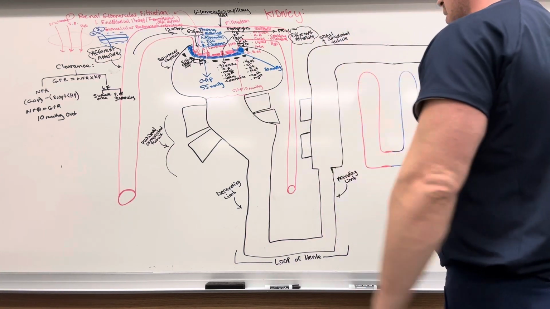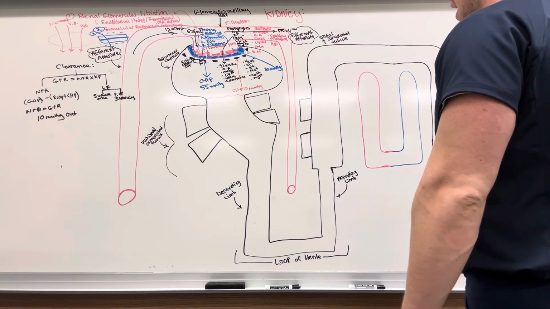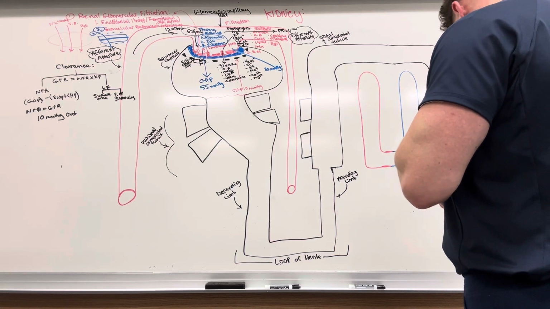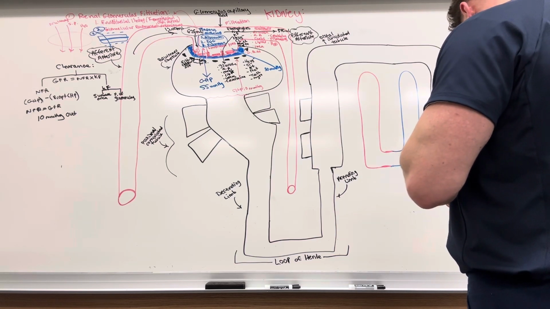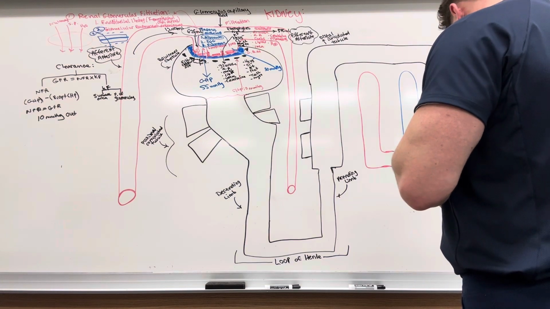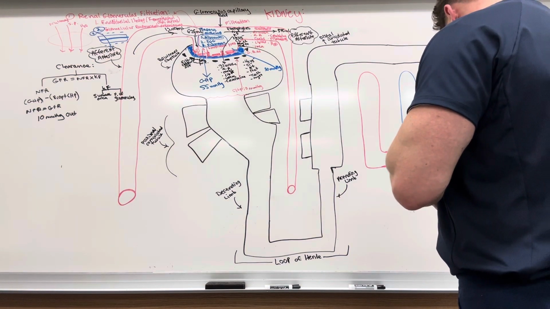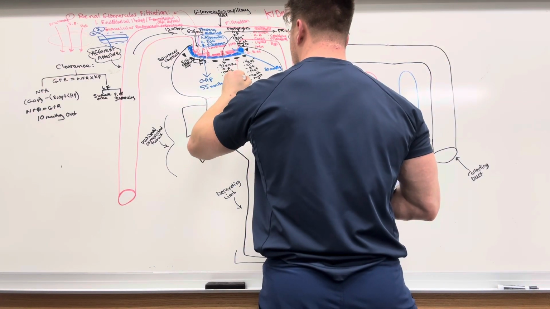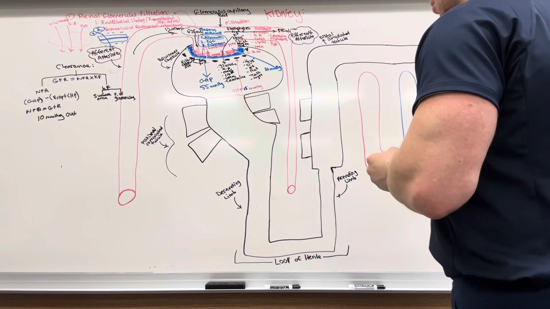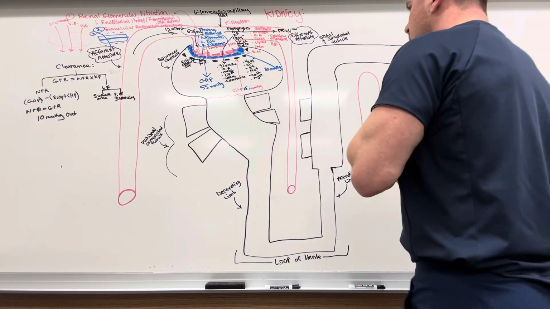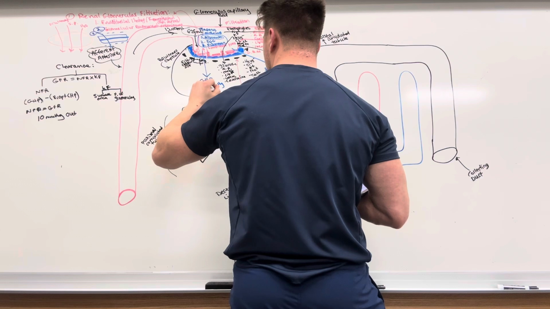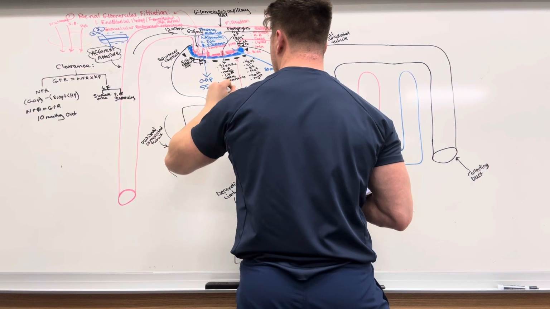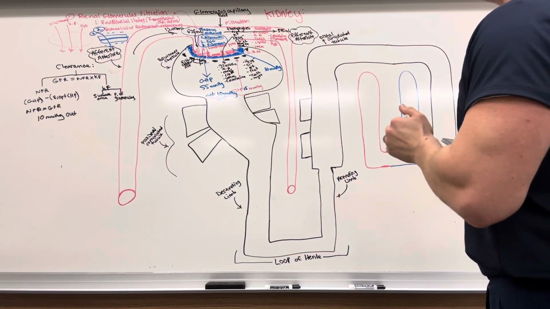If we net this, I believe it's 15, so we get a net pressure of 10 millimeters of mercury outward, and therefore we pull fluid out.